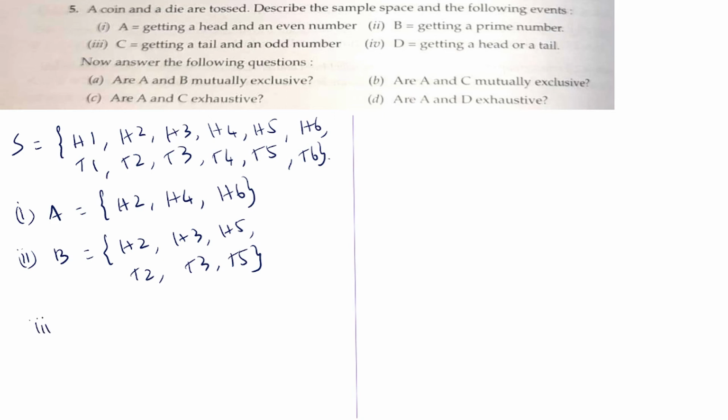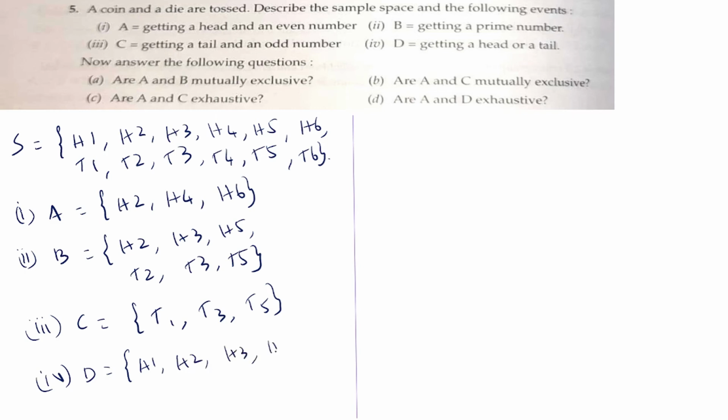So that is B. Then C is getting a tail and an odd number, so C equals T1, T3 and T5. The fourth subdivision, D, is getting a head or a tail, so D will be H1, H2 and so on. It is the entire sample space.